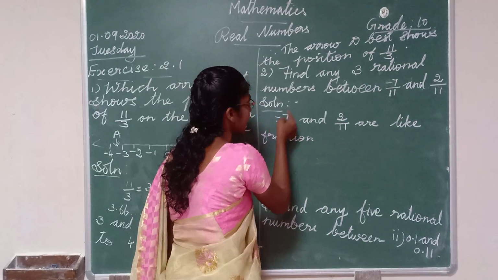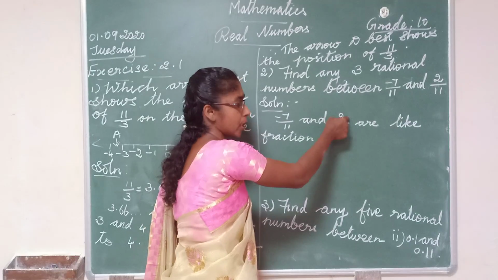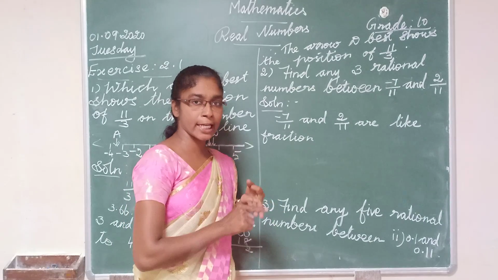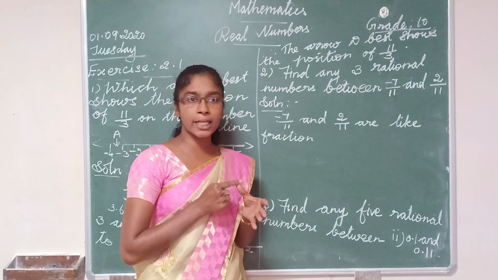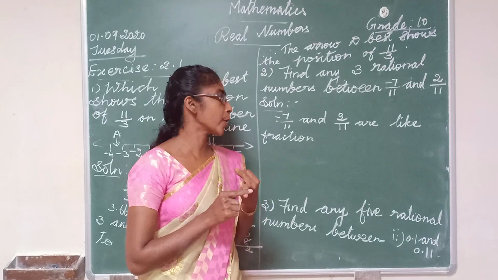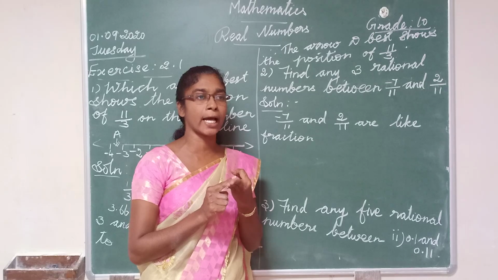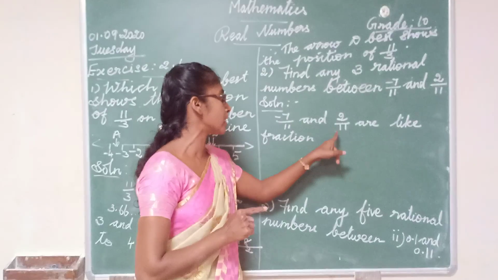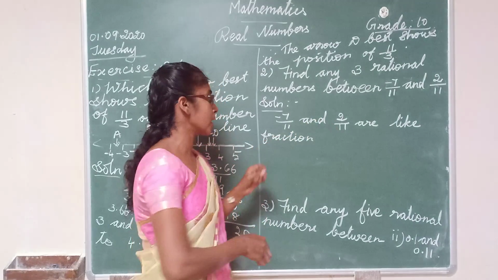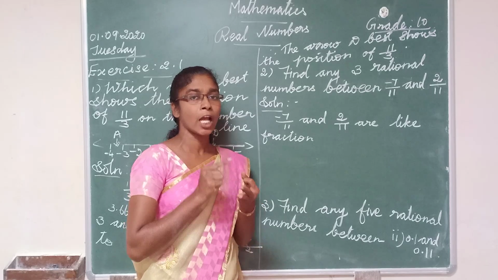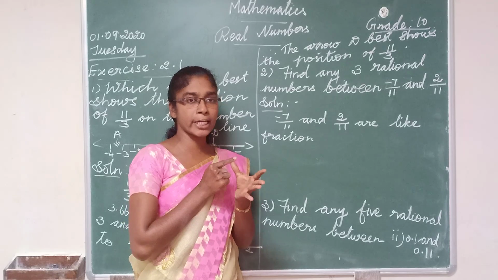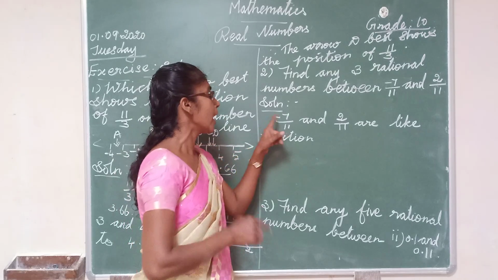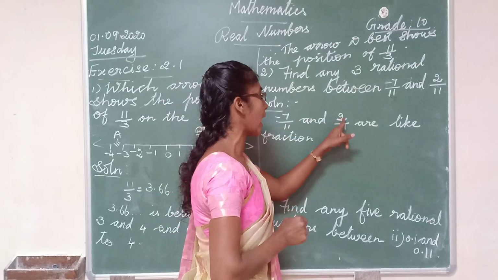Are there any integers between -7 and 2? Yes, what are they? -6, -5, -4, -3, -2, -1, 0, 1. How many numbers are there? 8 numbers are between -7 and 2.